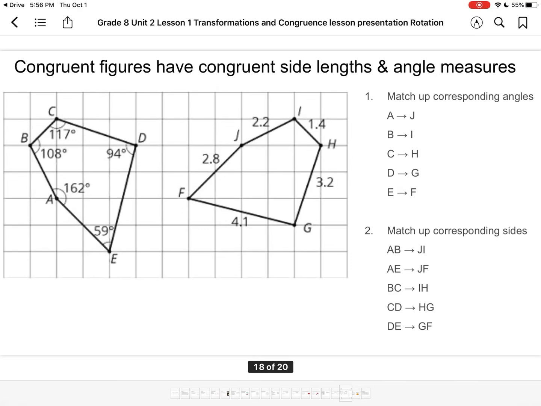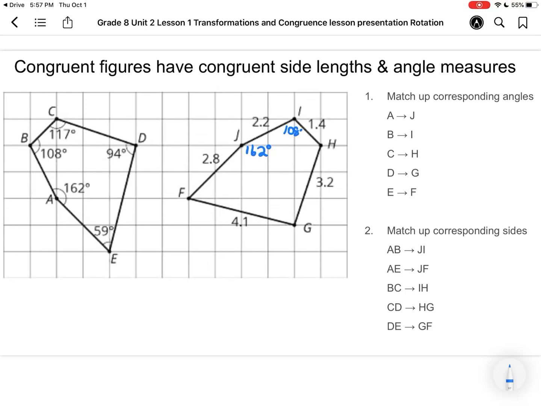So if angle J corresponds with angle A, that means A is 162, so J is going to be 162 degrees. I corresponds to B, which is 108 degrees, so I is going to be 108 degrees.